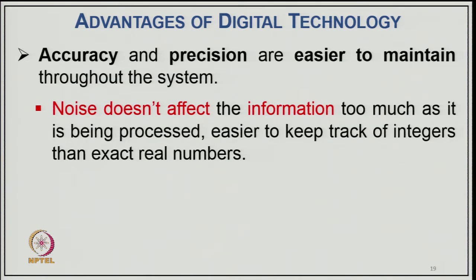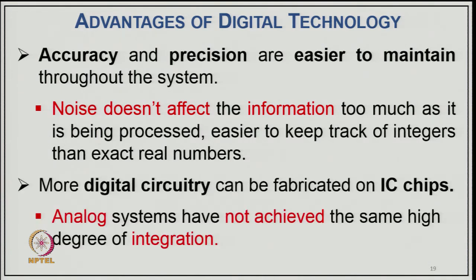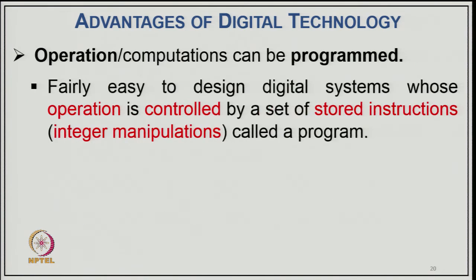Accuracy and precision are also easy to maintain throughout the system, and noise does not affect the information in a digital system too much as it is being processed. It is easier to keep track of an integer than an exact real number. More digital circuitry can be fabricated on an IC chip, whereas analog systems have not achieved the same high degree of integration.